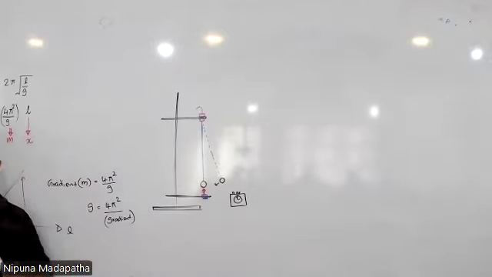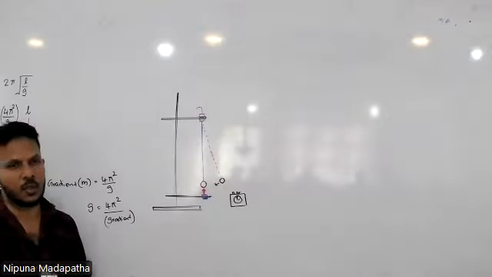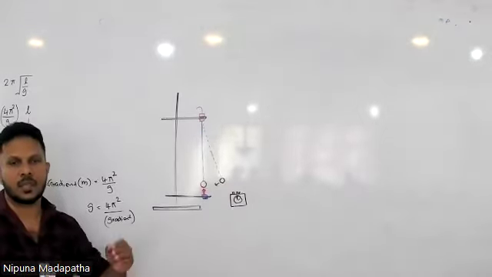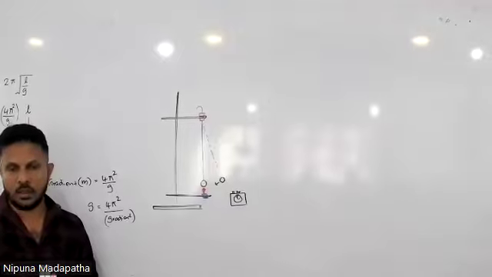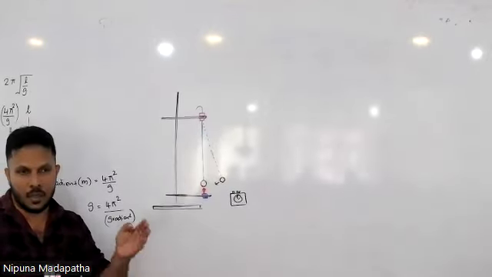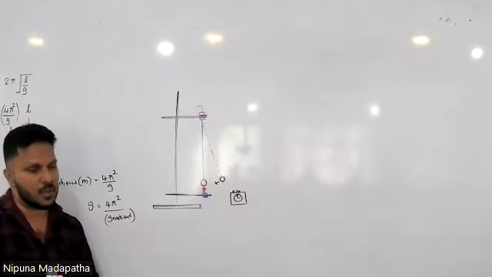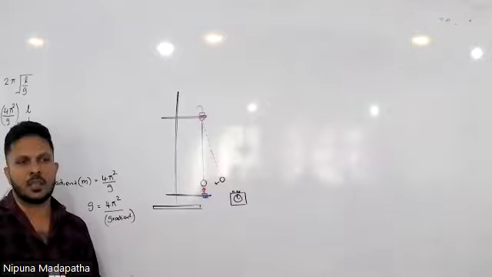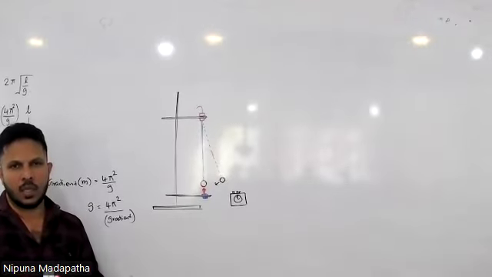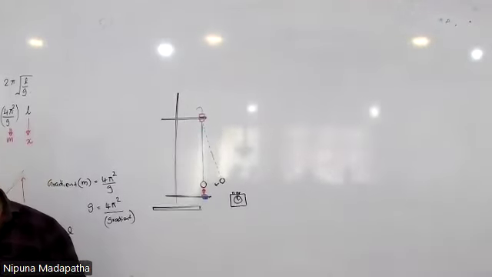How do we count the number of oscillations? You need to take the time taken to complete a certain number of oscillations. In this practical, we are not going to get the reading of the time period for a single oscillation, because a single oscillation will take approximately less than 2 seconds.